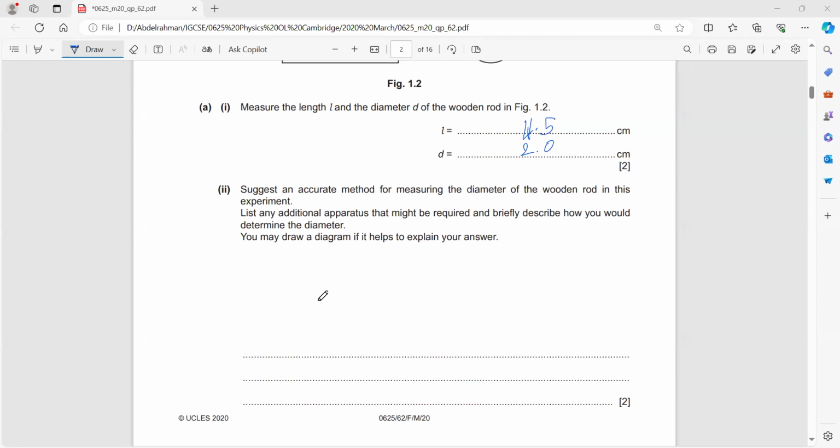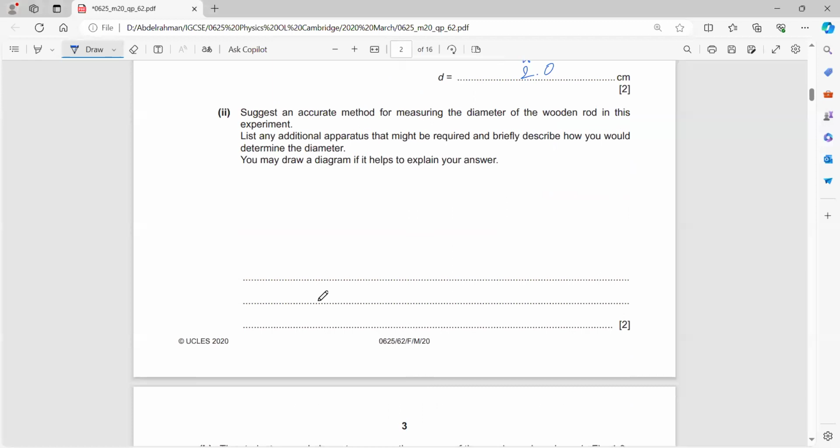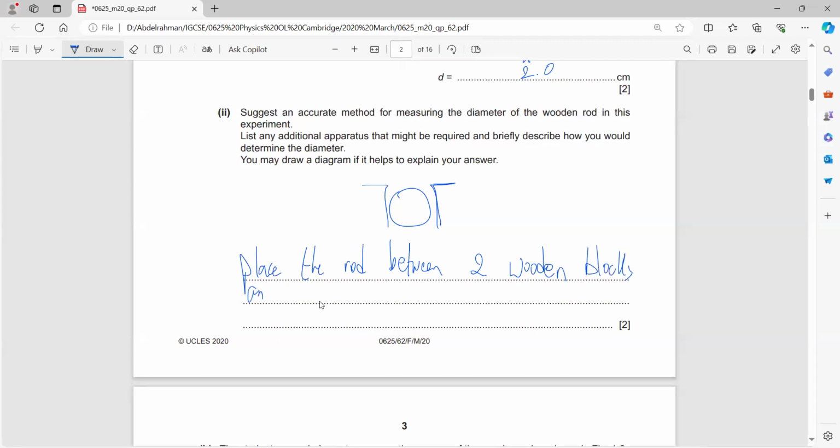Then place the wooden rod between two wooden blocks. This is the wooden rod. Place it between two wooden blocks. These are two wooden blocks. Place the rod between two wooden blocks and measure the distance between them.